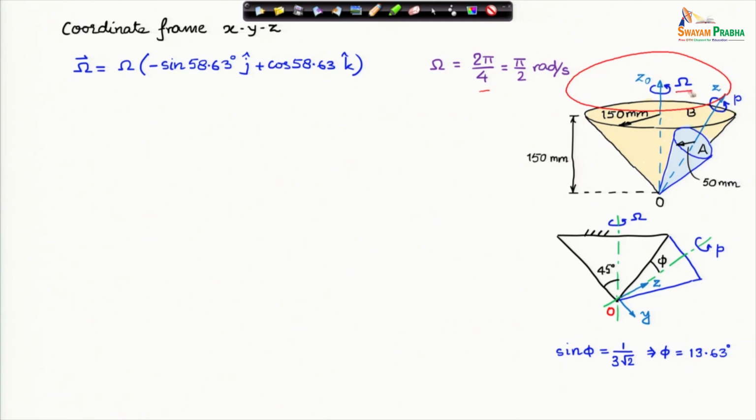Therefore, this omega magnitude must be 2 pi by 4, that is pi by 2 radians per second. And this also happens to be the angular velocity of the frame. This is how the frame is rotating.